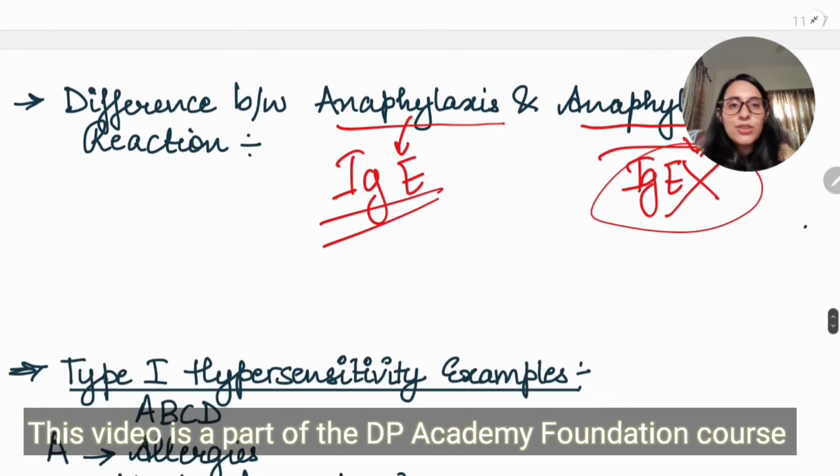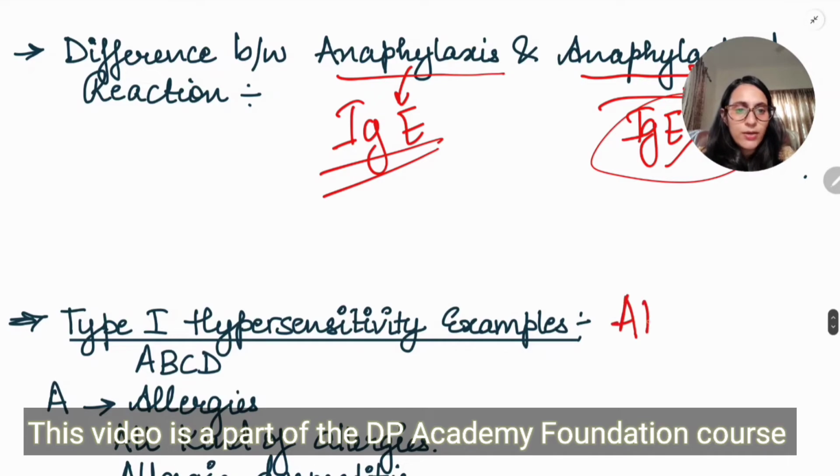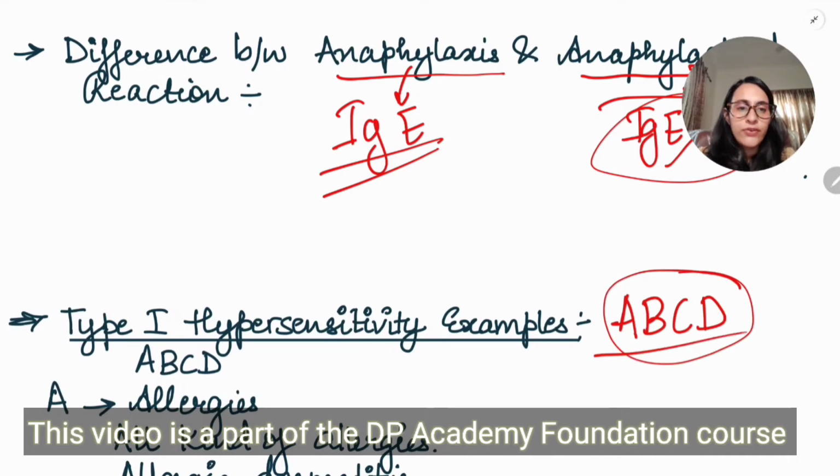Coming to the examples of type 1 hypersensitivity, you can remember with the mnemonic A, B, C, D. This we have already covered, but let's talk about it once again. A for allergy, any kind of allergy, or A for atopy. Atopy is also a kind of allergy. B for bronchial asthma. We have covered the whole mechanism, or pathogenesis, of bronchial asthma.